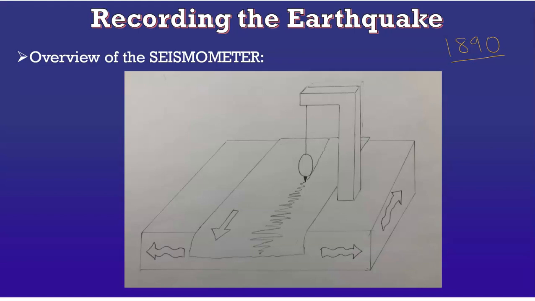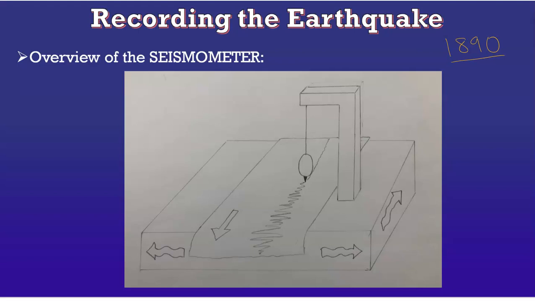So very simply, you have this structure holding up a wire or a string with a weighted ball here and some sort of pen or marker that would be touching a piece of paper. The piece of paper is attached to the ground, so when the ground starts to shake and vibrate, the paper is going to be moved along at a certain time.